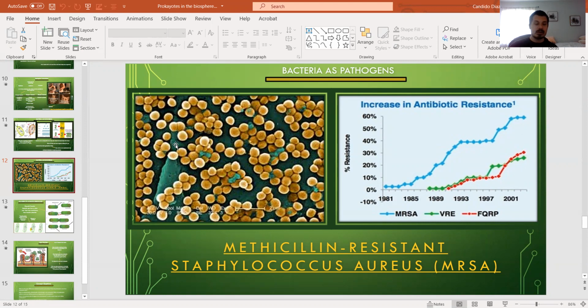They're probably going to pass that on to their offspring because they're splitting in half, they're just replicating.